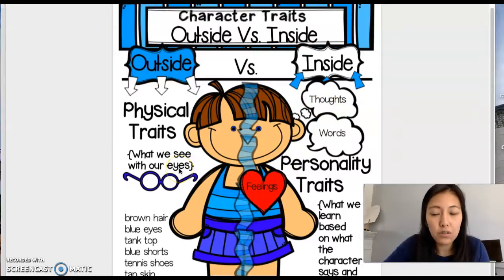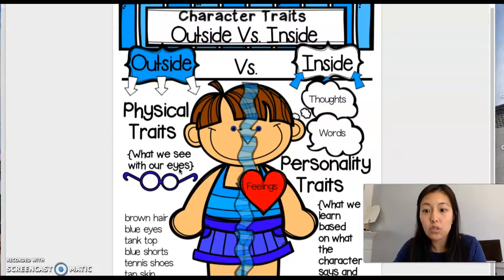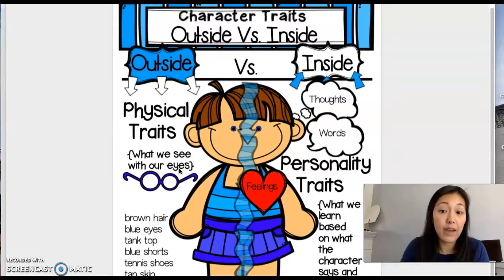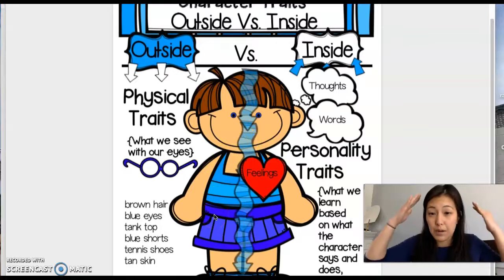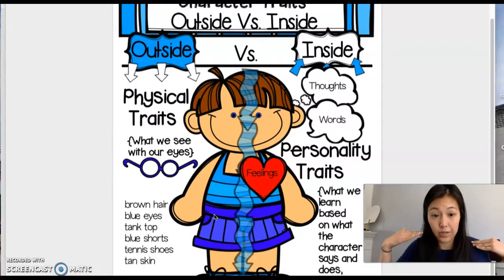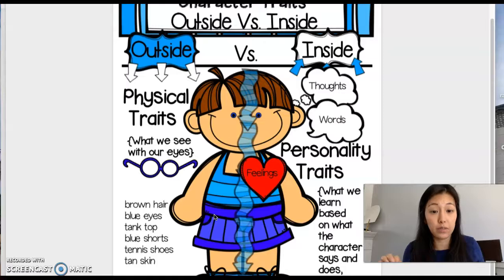So with physical traits, boys and girls, it's what we see with our eyes. So you describe, and you're going to be using a lot of adjectives to describe what you see. If we were to look at this character here, or this boy, we can see that he has brown hair, and I would say his brown hair looks smooth from the drawing here. He has blue eyes, and I'm very specific, boys and girls, here.